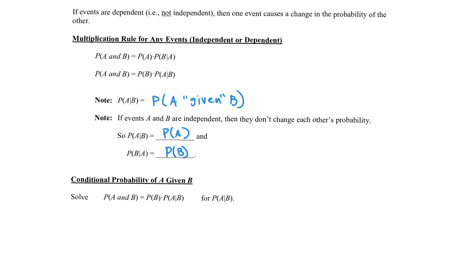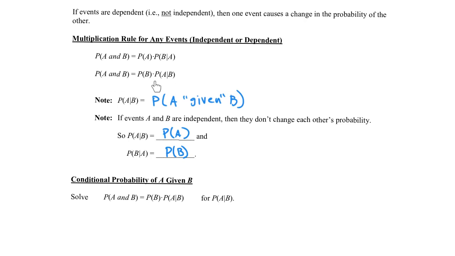So if we look at this one here, the probability of A and B happening, we know this form works for everything, independent or dependent, but I'm going to show that both of these formulas collapse into the above formula if they are independent. Let's say A and B are independent, and we're going to use this formula.